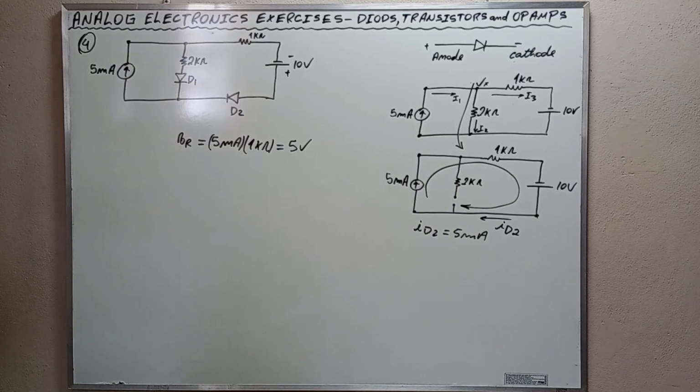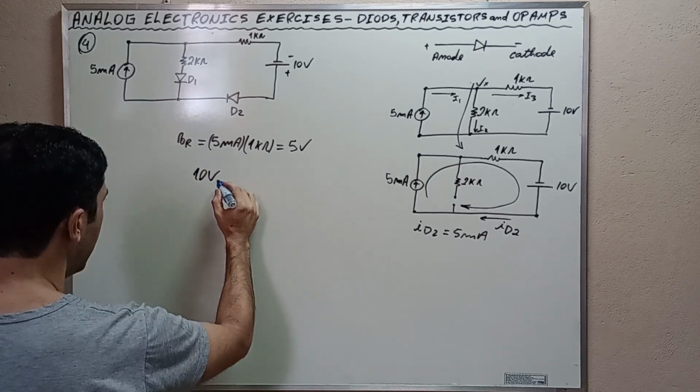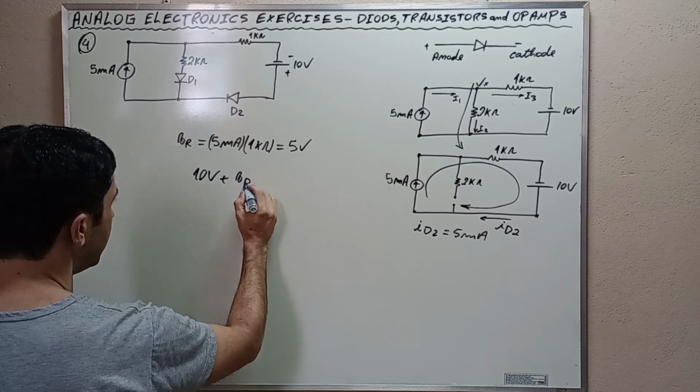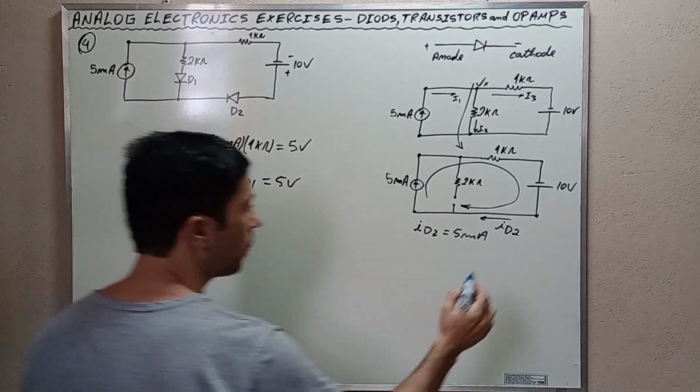Lastly, we observe that 10 volts plus VD1 is equal to 5 volts. Okay?